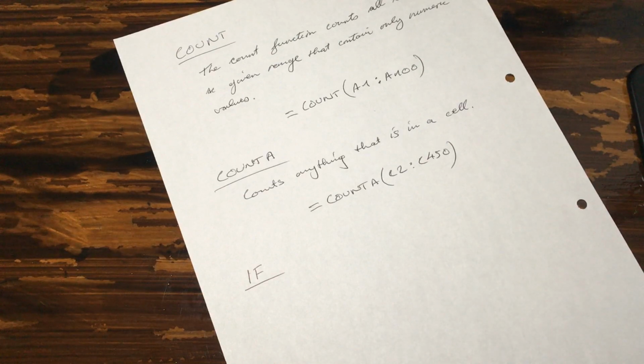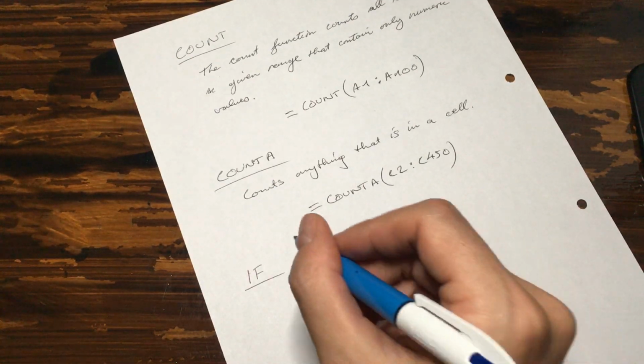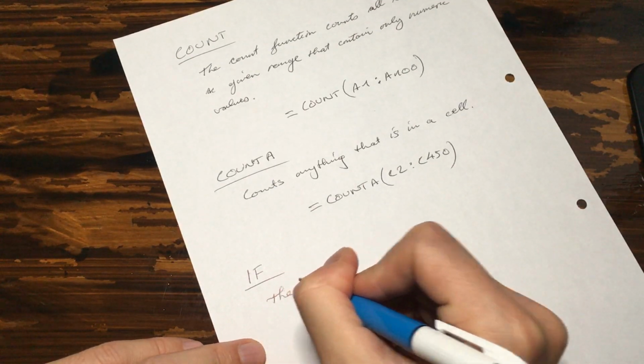In Scratch programming, you have to use if all the time, and in Python programming, you need to use it quite a lot. So you're wanting to say if something is true or not. Okay, so we'll just explain what this is.